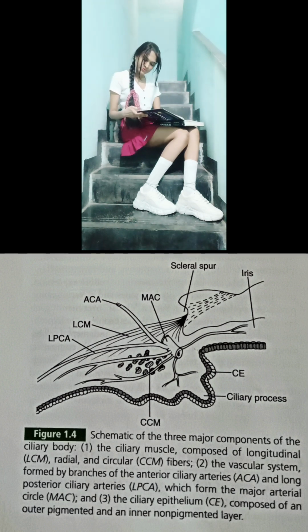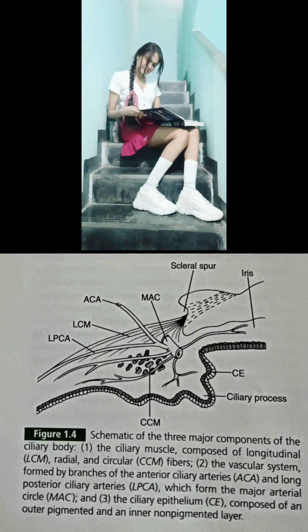Figure 1.4, schematic of the three major components of the ciliary body. 1. Ciliary muscle, composed of longitudinal LCM, radial and circular CCM fibers. 2. The vascular system formed by branches of the anterior ciliary arteries ACA and long posterior ciliary arteries LPCA, which form the major arterial circle MAC.